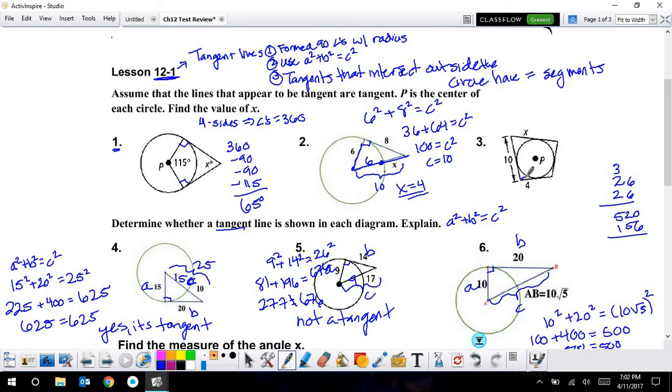So basically what that means is if this little piece is 4, that means this other little piece is 4. Well, if that's 4, since the whole length is 10, that means the part here in pink is 6, which means the part there for x is also 6. Okay.